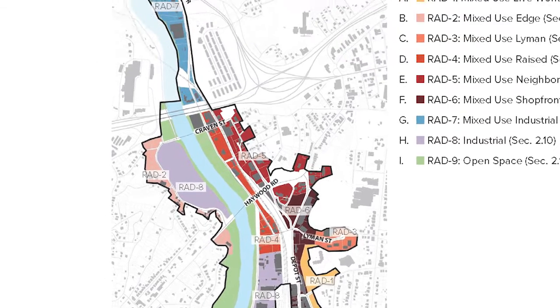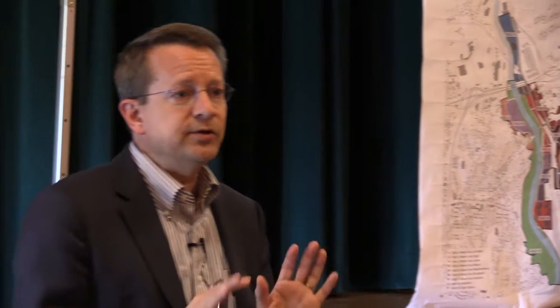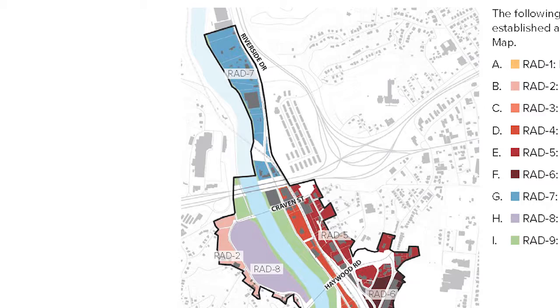Then RAD 7 is up here on the northern end. Right now, that area is still kind of in its formative stages, but it has one particular thing going for it. It is the one place where you're between the road and the river, so you have direct river access without crossing the roadway. So a very important kind of place. There are a couple of entertainment places there already with outdoor space that reaches down to the river.